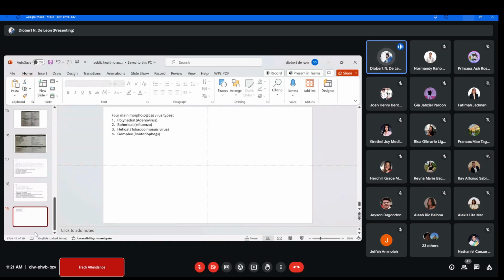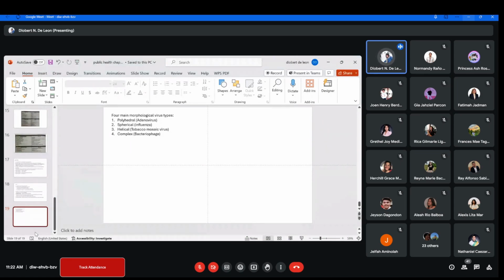The influenza is spherical. The tobacco mosaic virus is helical in shape, and for the complex, we have the bacteriophage. Okay. The helical virus is composed of a single type of capsomere stacked around a central axis to form a helical structure.